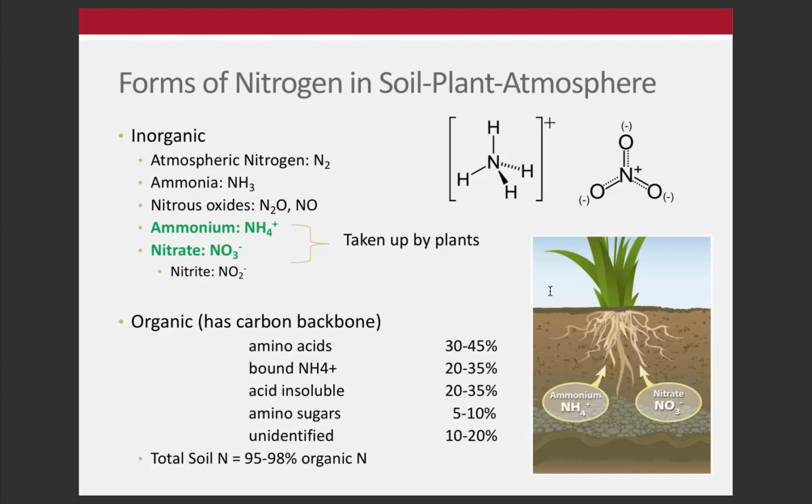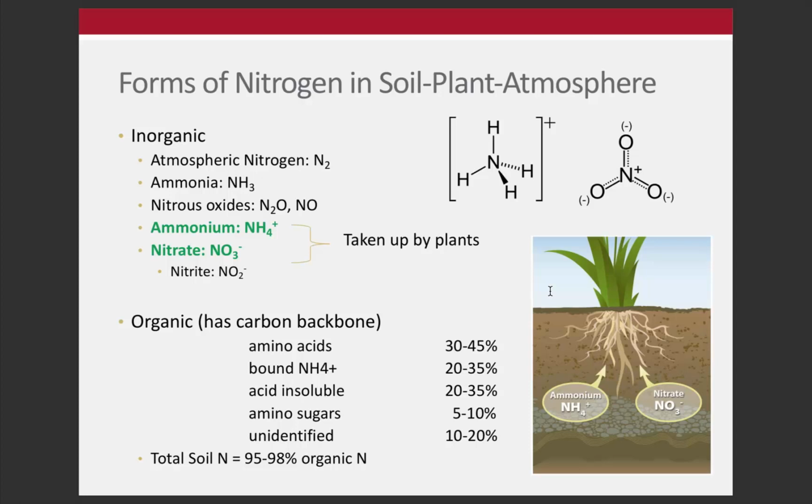So, forms of nitrogen. We talked a little bit about how forms are important, and we can broadly classify nitrogen as organic or inorganic. We'll use these terms a lot in this course. Inorganic means that it does not have a carbon backbone, and organic means that it is associated with some kind of carbon backbone.